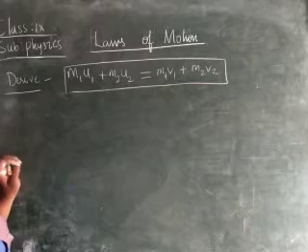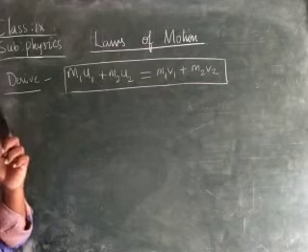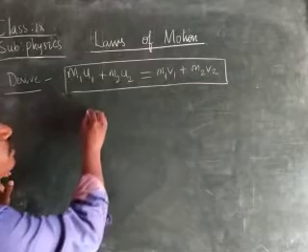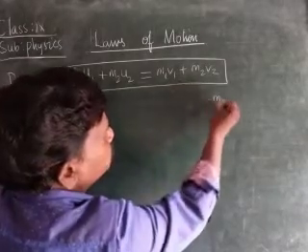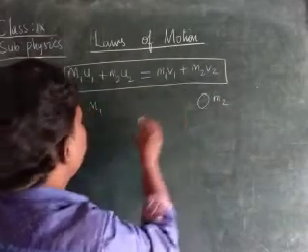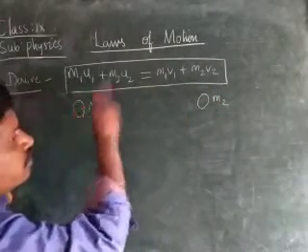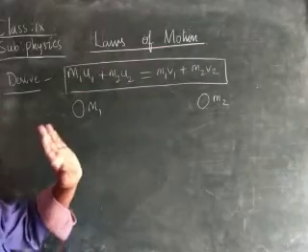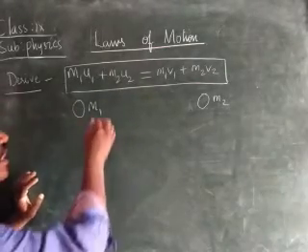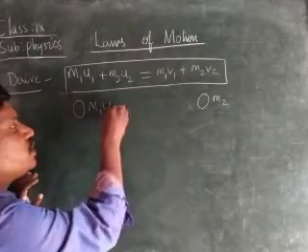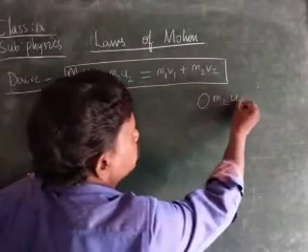In this, we learn, children, that let us consider two bodies, two marbles m1 and m2. We are considering two different masses, one with m1 and one with m2, and they are moving with the velocities u1 and u2, children.